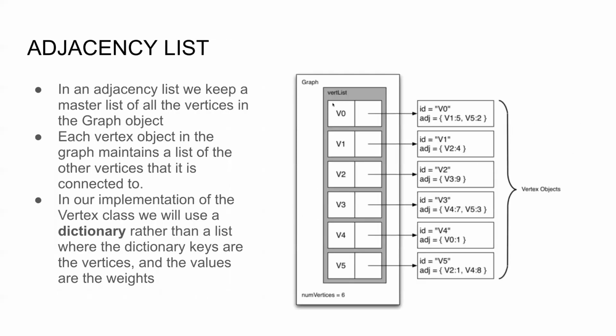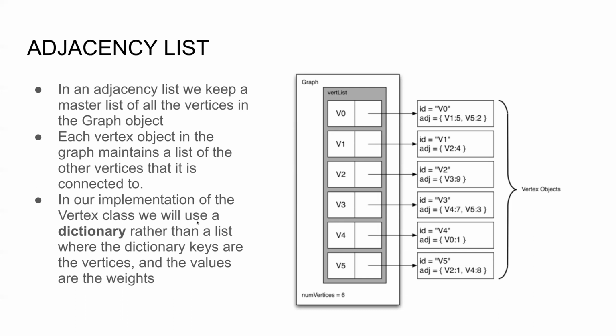Okay, so there's another way which we call an adjacency list. So what is an adjacency list? Basically, for each vertex, we keep a list of nodes that are adjacent to that node, right? Usually we can represent it as a map, or a dictionary in Python.